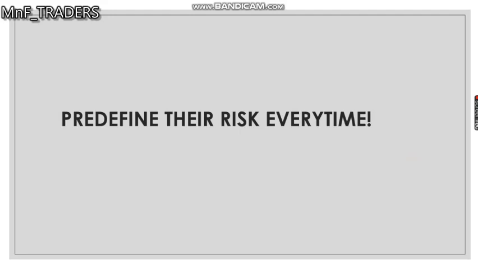So if you actually understand how much you're risking on that particular trade and you have accepted that risk, well, you are a step ahead, because most people don't predefine their risk. So please, let's also learn to predefine our risk every time, so that we're able to have that consistency that we all desire, right?